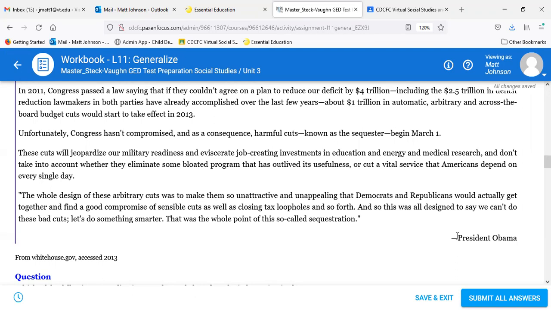A government shutdown is usually a sequestration where they don't approve funding for those things, and what he's saying here is that it affects a lot of jobs. People are employed by the government. There's also people not receiving benefits because the government shuts down. So I just want to give you a little background on what they're talking about here.